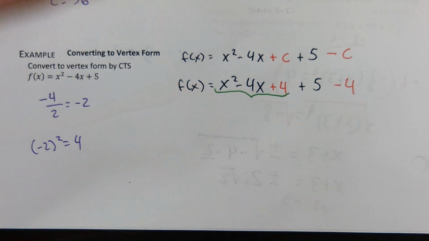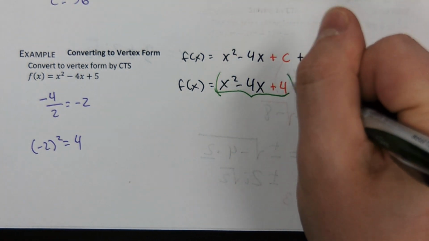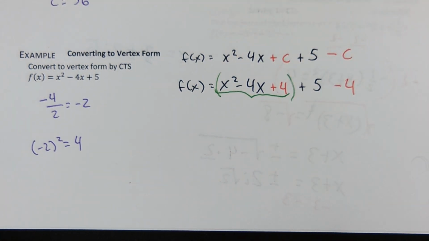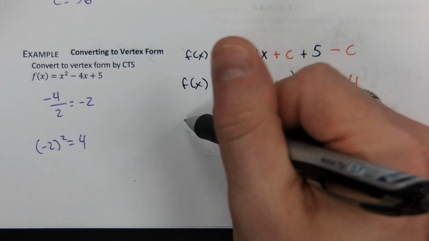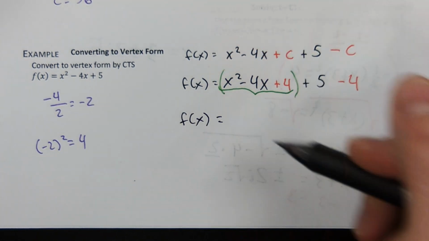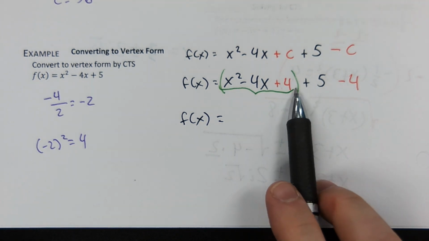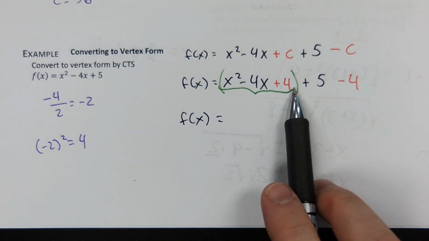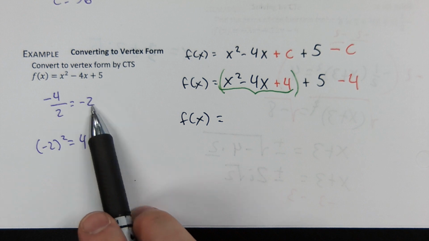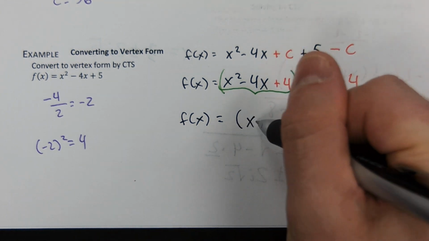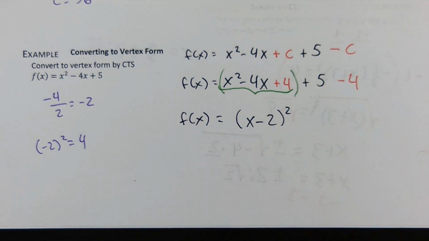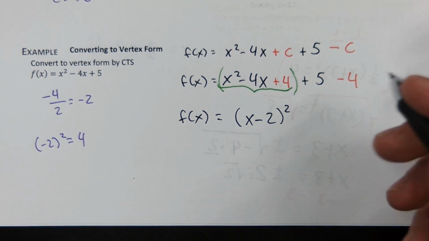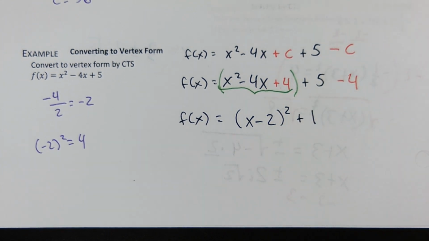I did it in a way that would allow me to factor a piece of my quadratic, because that is a perfect square trinomial. And the two numbers that multiply to 4 that add to negative 4 are the same two numbers they were a moment ago, negative 2 and negative 2. Oh, by the way, 5 minus 4 is 1. And now it's in vertex form.